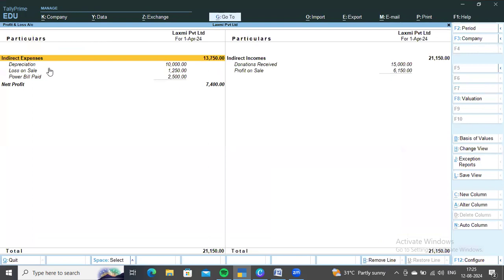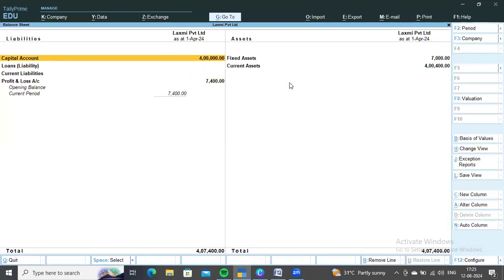Here in indirect expenses in debit side of profit and loss account, depreciation, loss on sale, and power bill paid. And in credit side, indirect income, nothing but donations received and profit on sale. Profit on sale is nothing but income to us, right?